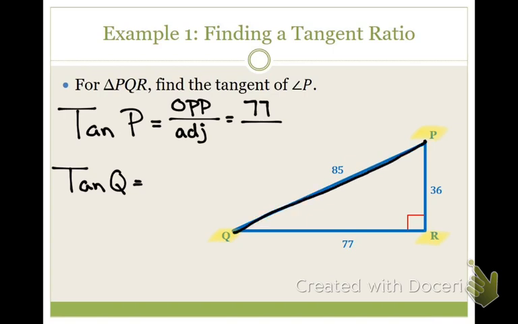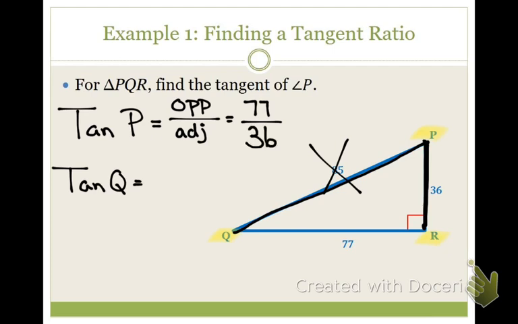P has 2 adjacent sides, but one of them is the hypotenuse. The hypotenuse cannot be adjacent also. It's just the hypotenuse. So this one is out. The only other side that connects is 36. Do you see that? So it's 77 over 36.